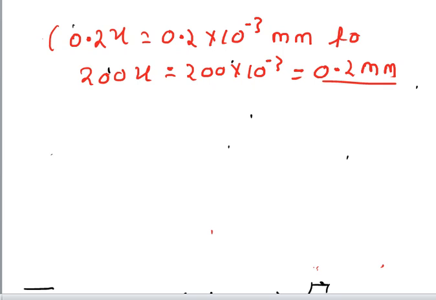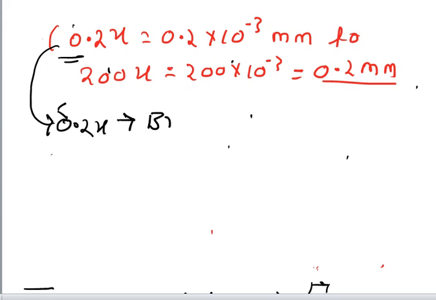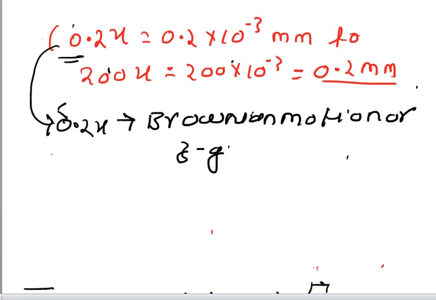If greater, settling velocity does not remain constant as there is acceleration of the solid. If lesser than 0.2 micron, the flow does not remain laminar, and Brownian motion or zigzag settling occurs.